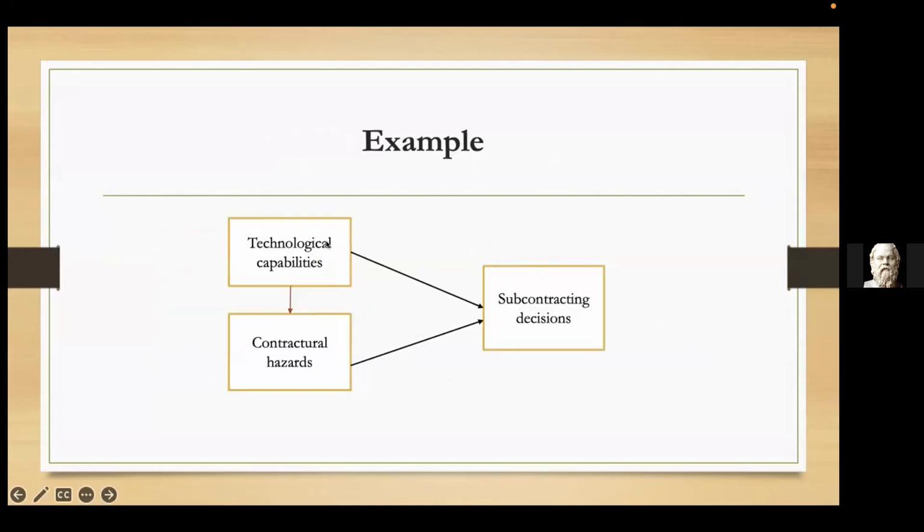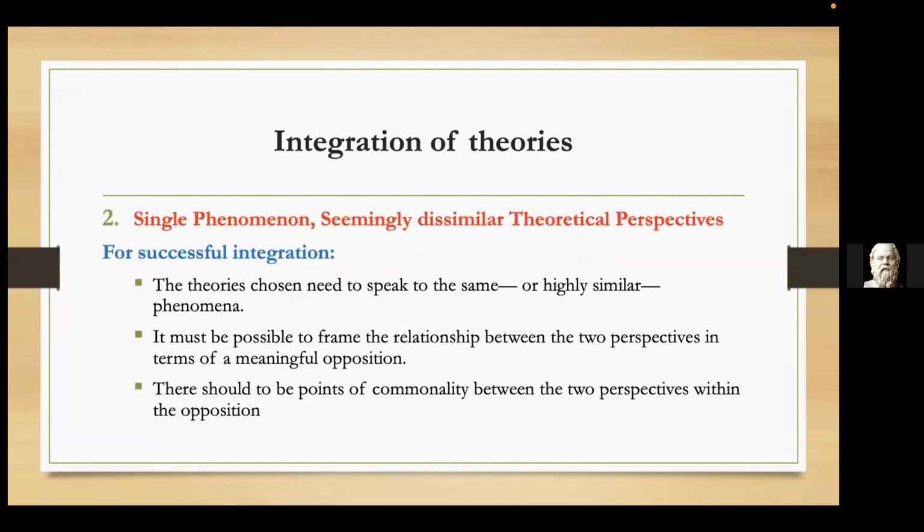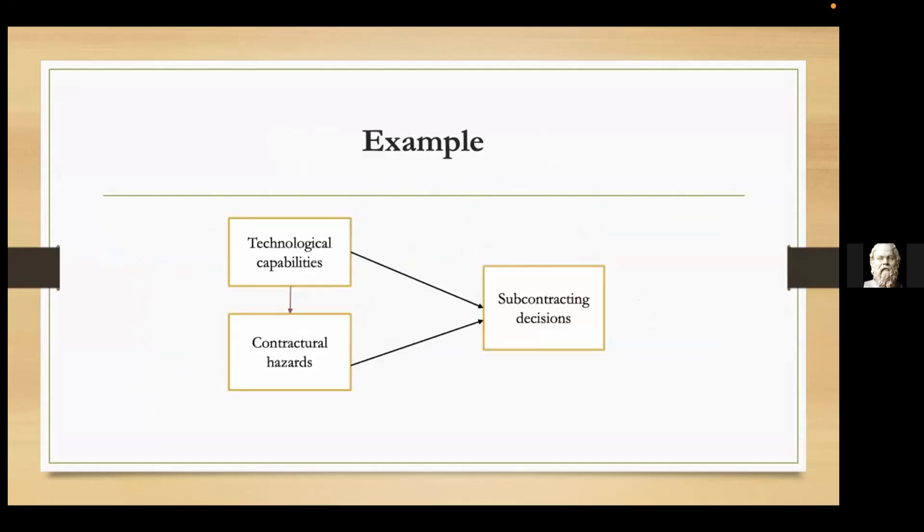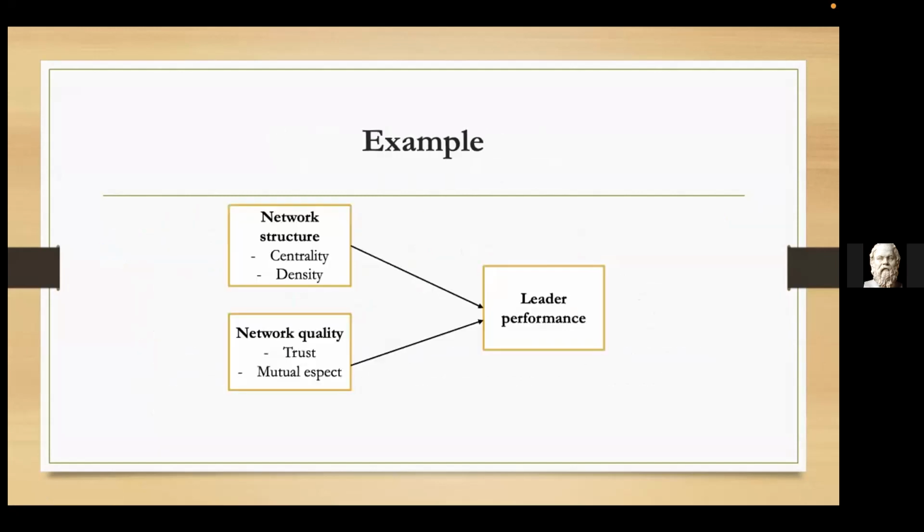If you use the resource-based view alone, you leave out issues that would have given you insights on the costs involved or the advantages of adopting technology. Okay. Now, a single phenomenon, dissimilar theoretical perspectives. I'll come back to these three other factors. Let us go to the illustration.